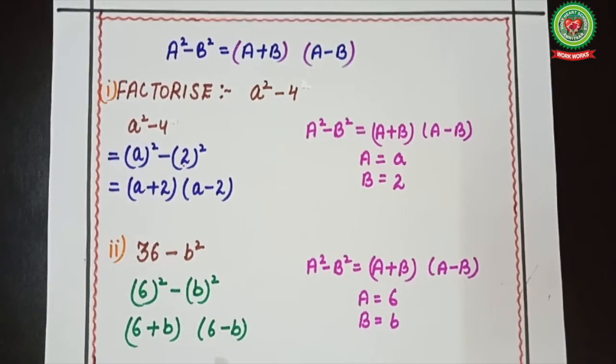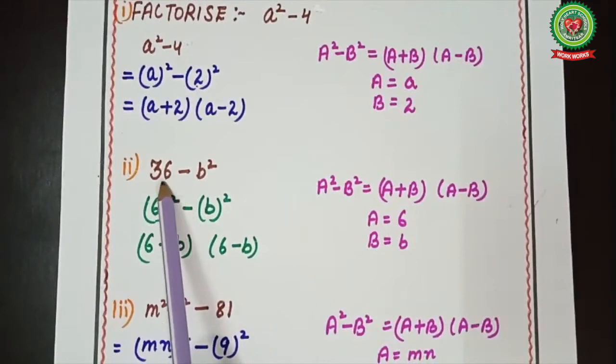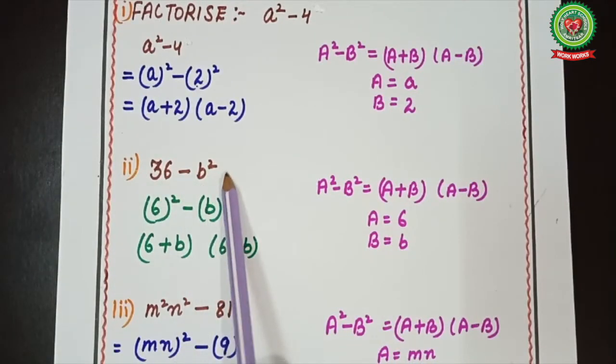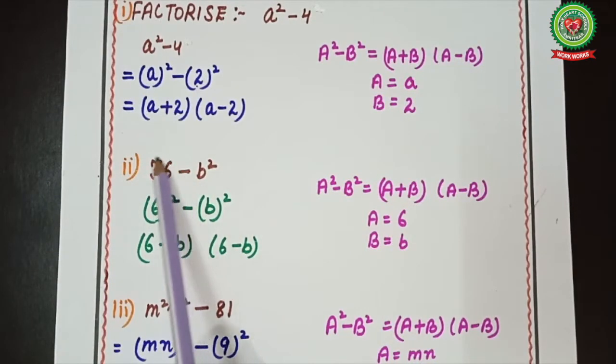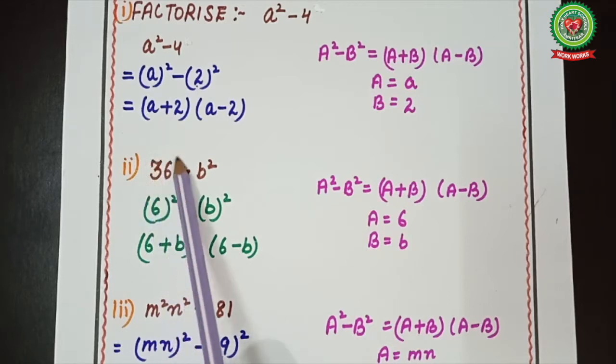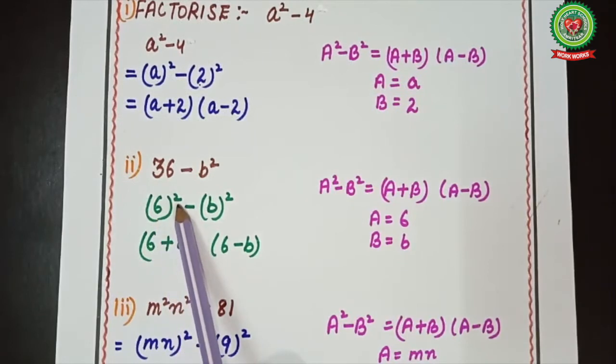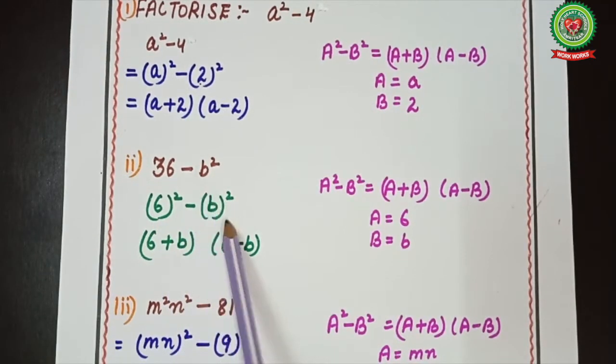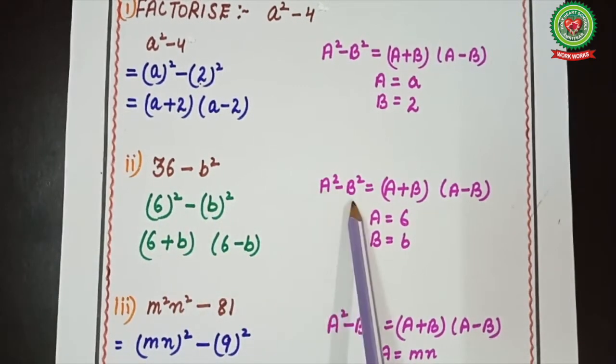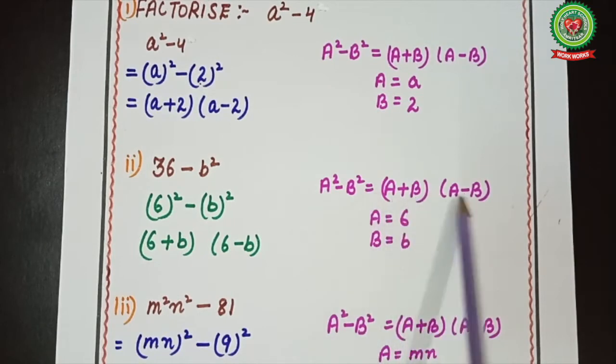Now move to the next example, that is, factorize 36 − b². Again we have to see that 36 is the square of which number. That is 6, right? So we will have 6² − b², which is in the form of a² − b², which is equal to (a + b)(a − b).